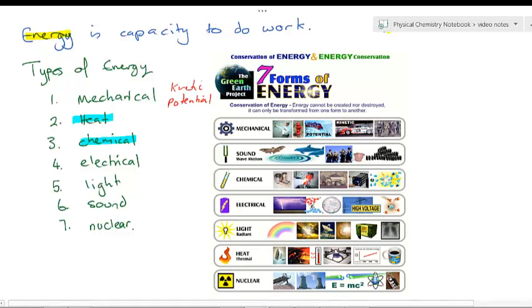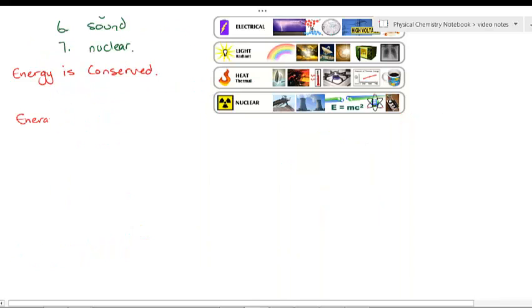The next piece of information that is extremely important from this chapter is the conservation of energy principle. Energy is always conserved. Because of this, energy is neither created nor destroyed, but can be changed from one form to another.